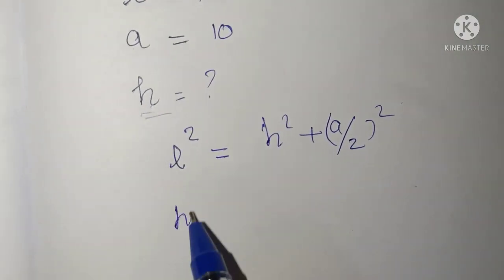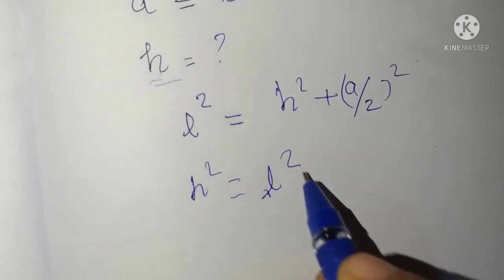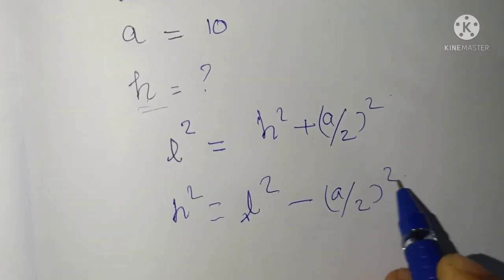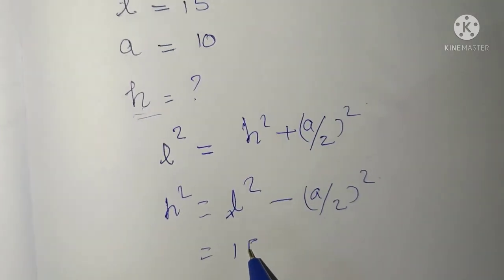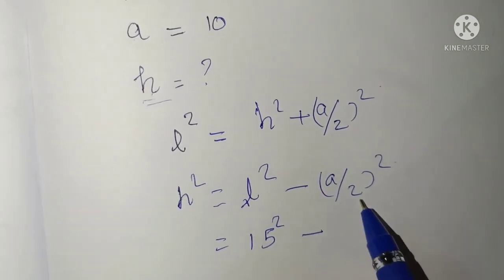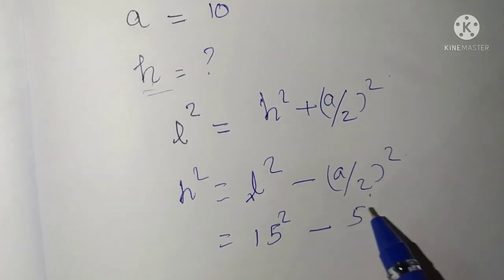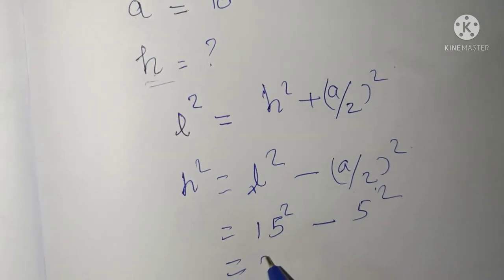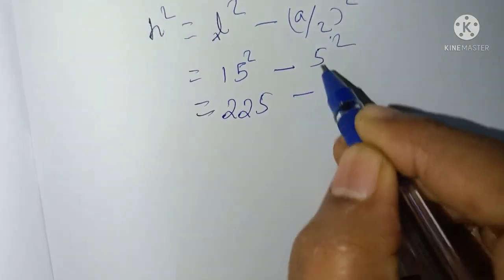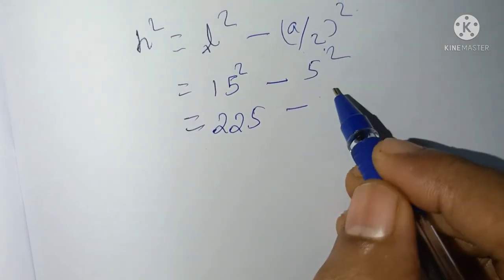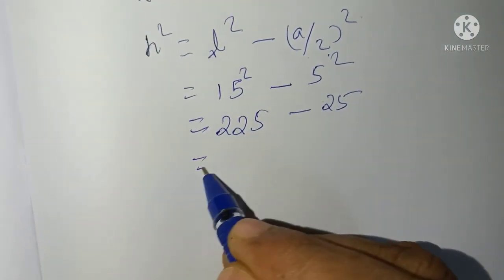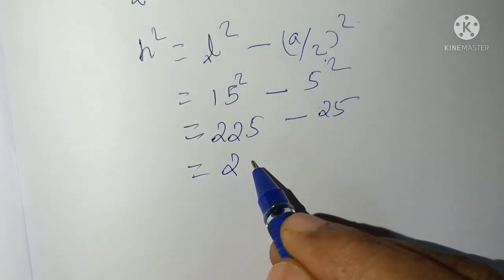That is, H squared is equal to L squared minus (A by 2) the whole squared, that is 15 squared minus 5 squared. 15 squared is equal to 225 and 5 squared is equal to 25. That is equal to 200.